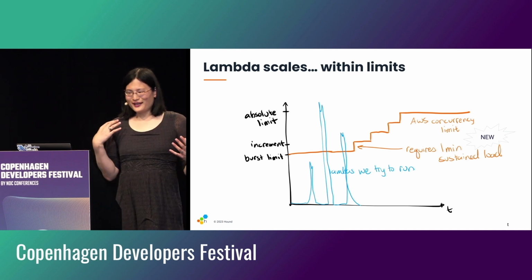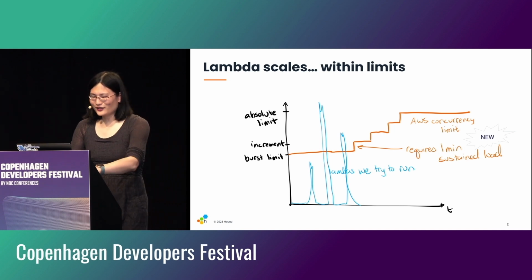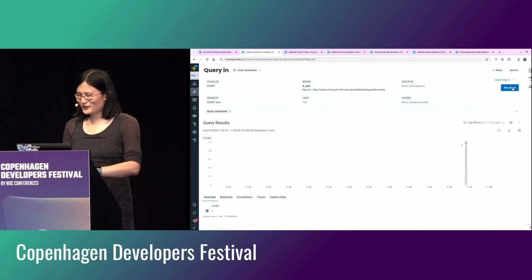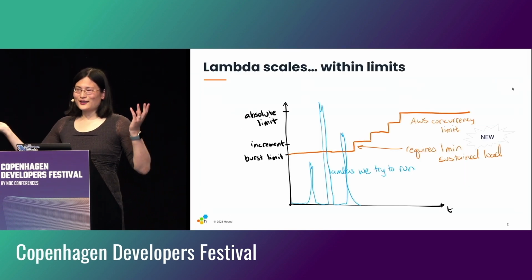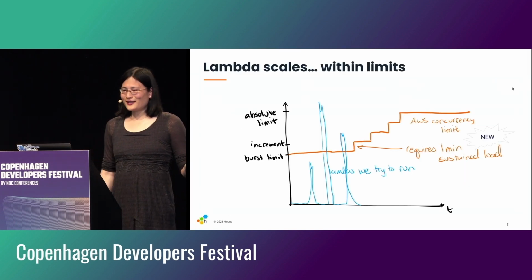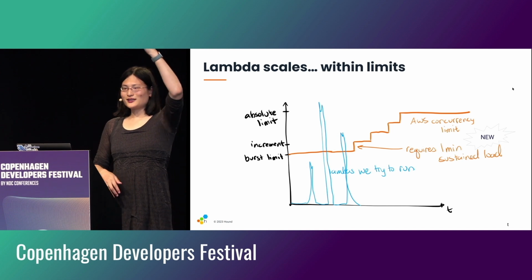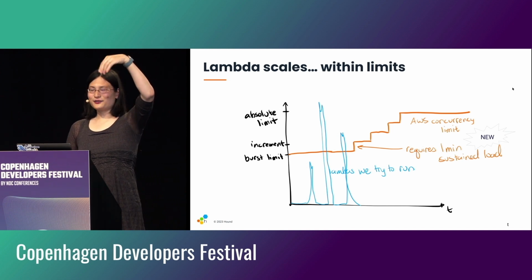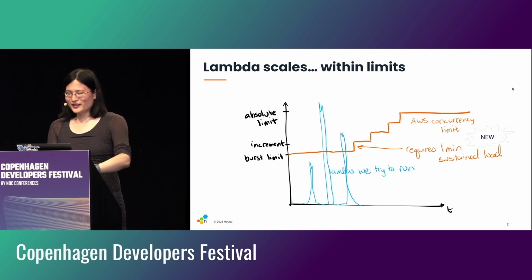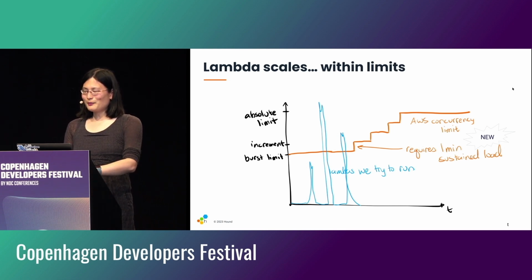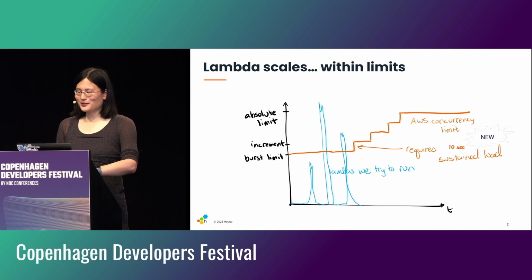But when someone comes along like me and runs a query, and it tries to invoke 10,000 different tasks, that might breach our burst limit, but only for maybe 5 seconds, and then that load goes away. Originally, it was 1 minute of sustained load that was required for the concurrency limit to be bumped.